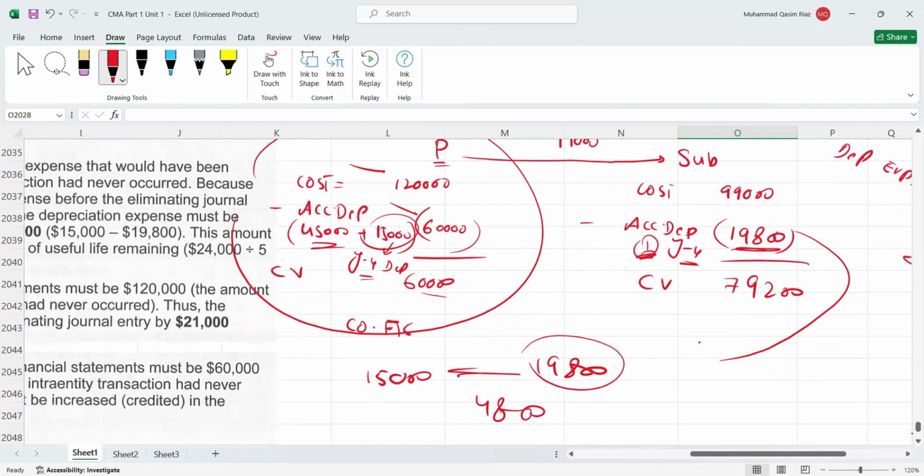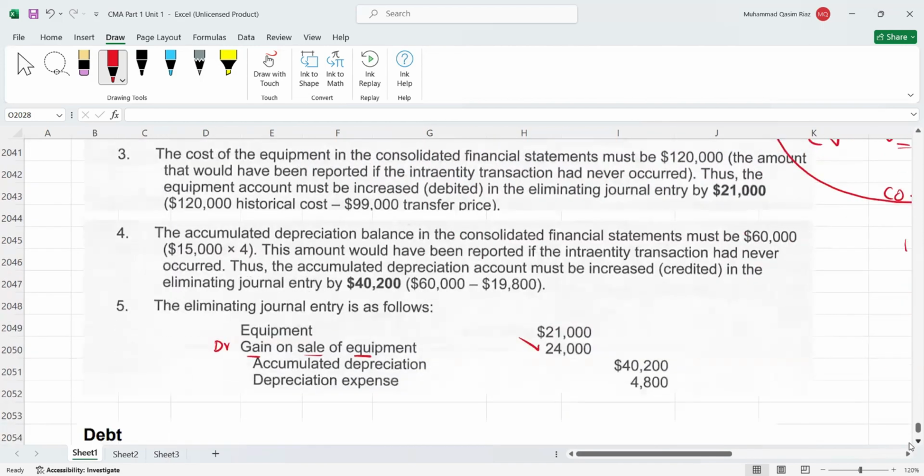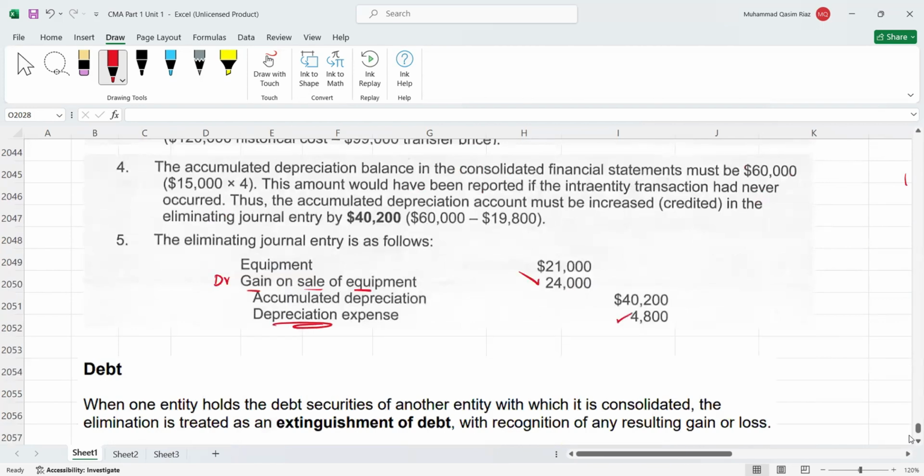This excess depreciation we need to eliminate also, because if the intra-entity transaction between parent and subsidiary had never occurred, this should be the depreciation expense in year 4. But they have recorded 19,800. So we need to eliminate the excess depreciation of 4,800, and once we eliminate it, we will credit the depreciation expense by 4,800.